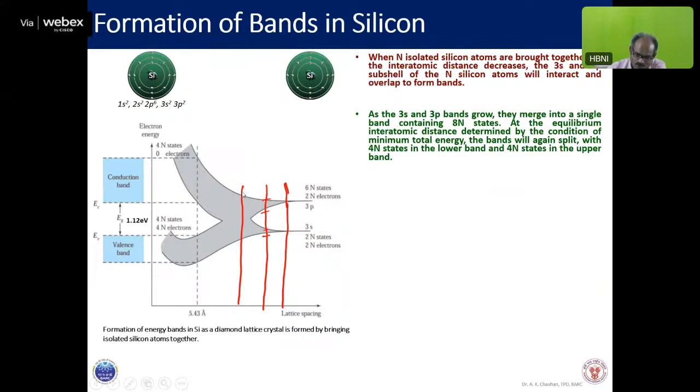Now what electrons will occupy? They will occupy the lowest energy states, somewhere here. So at this point, if I can crystallize a silicon material with this lattice parameter, then there will not be any band. It will be continuous, it will behave like a metal. Why will it behave like a metal?